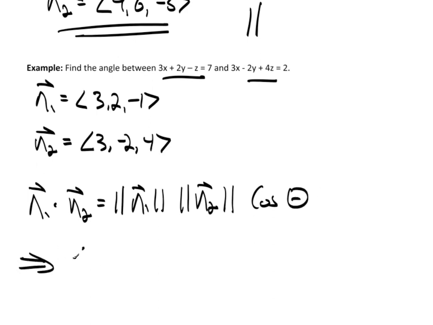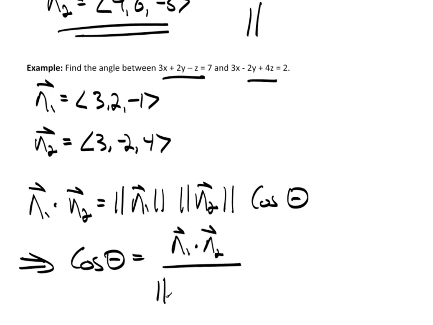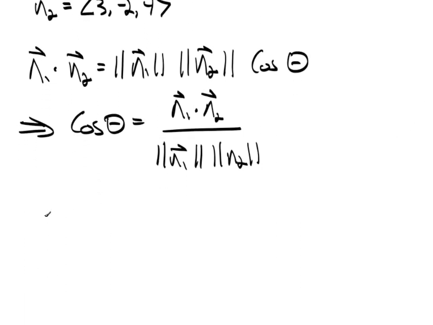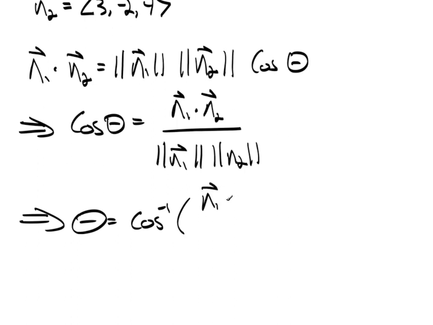That implies that obviously cosine of theta must be n1 dot n2 divided by the magnitude of n1 times the magnitude of n2, which in turn indicates that theta must be equal to arc cosine, the inverse cosine, of n1 dot n2 over the magnitude of n1 times the magnitude of n2.